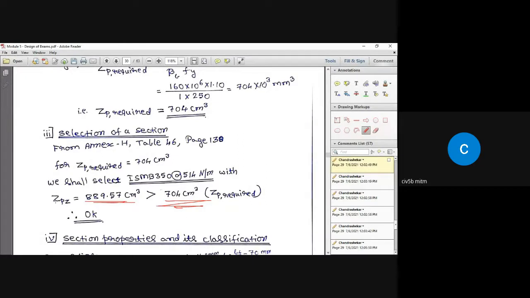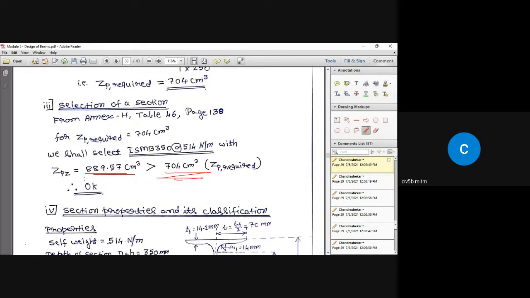So let us pick this section. Once that is picked, we need to find the design moment capacity of the selected section, ISMB 350.